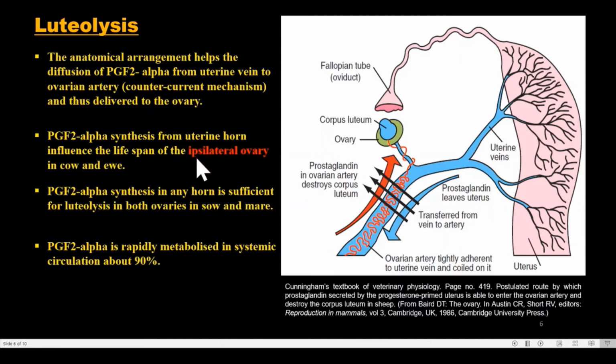That is ipsilateral: same side, left ovary, left uterine horn. But in sow and mare, PGF2 alpha synthesis in any horn is sufficient to cause luteolysis in both ovaries.